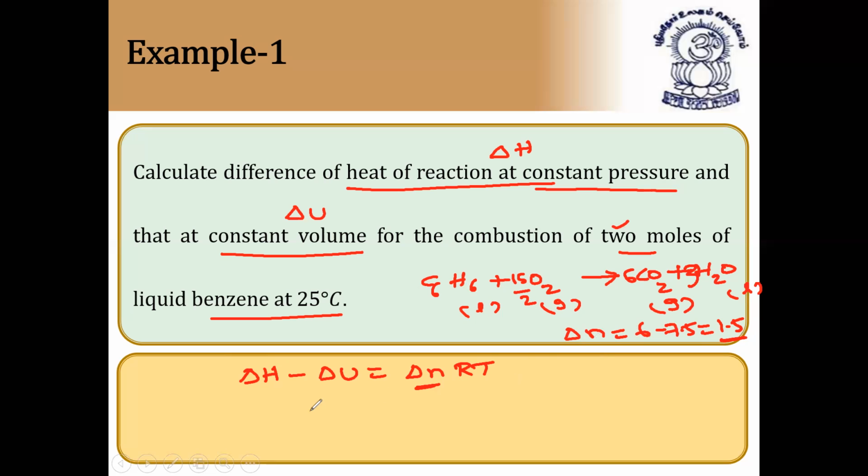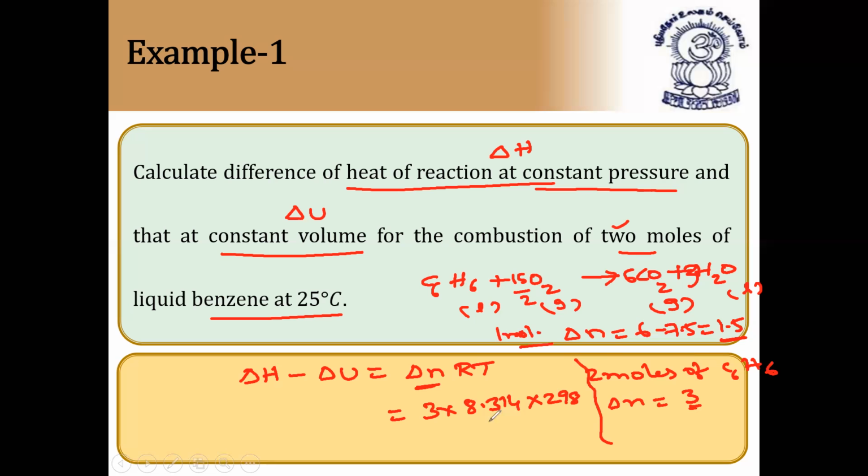So for 2 moles of benzene, delta N is equal to 3. So delta H minus delta U is equal to 3 into 8.314 into the temperature, that is 298 kelvins.